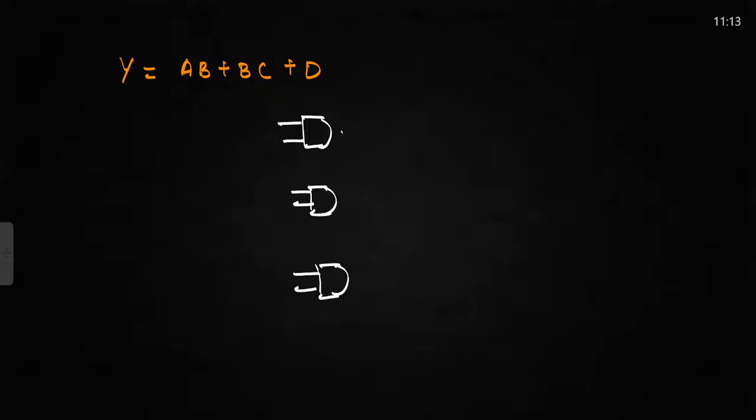Now let us try to solve a similar problem. Let us say I am having Y is equal to AB plus BC plus D. Now here what I need to do, first I will draw with AND gates and join them.